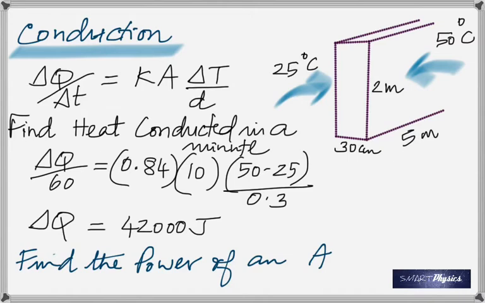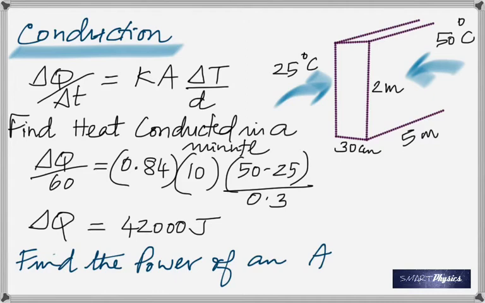I don't like to ask you a problem like this. If I ask you something like this, I would say, what should be the minimum power of an AC to maintain the temperature at 25 degrees Celsius? So how much heat must the AC remove in a second?